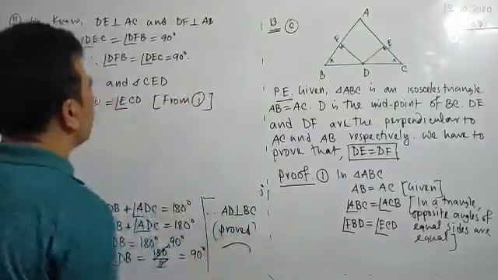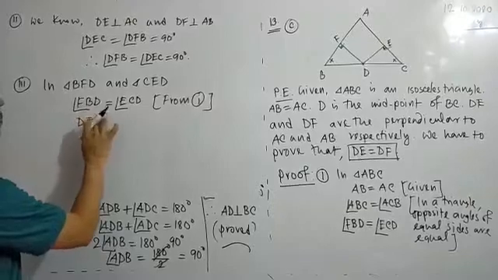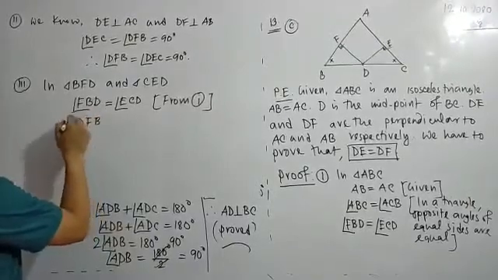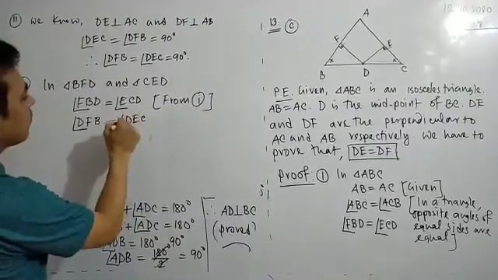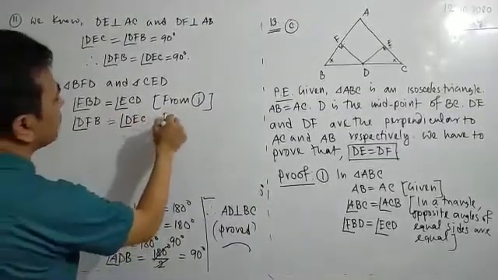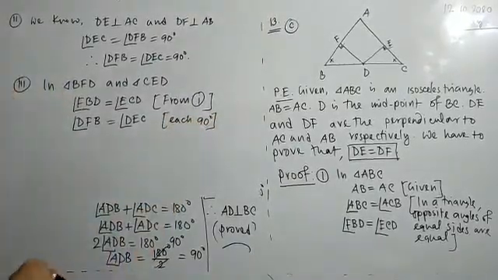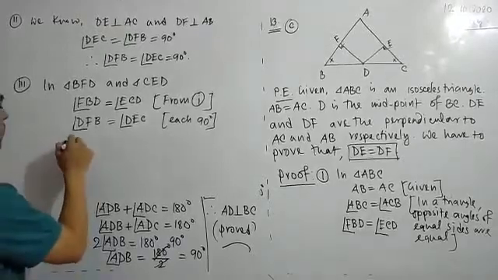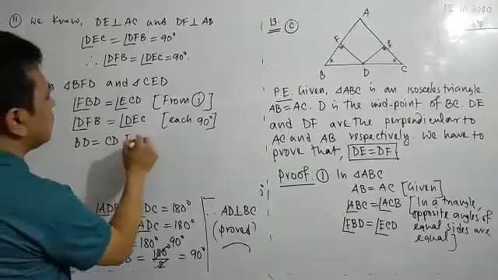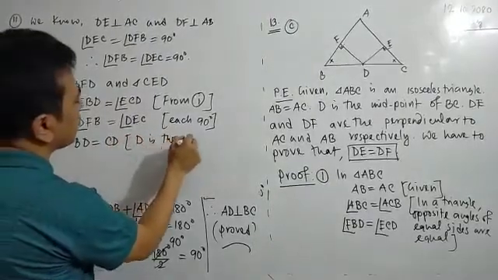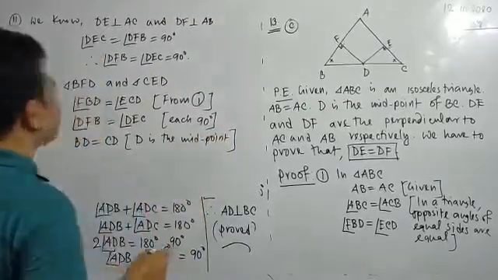We got from 1. Okay, and angle DFB is equal to angle DEC, each 90 degrees, and BD equal to CD. D is the midpoint.